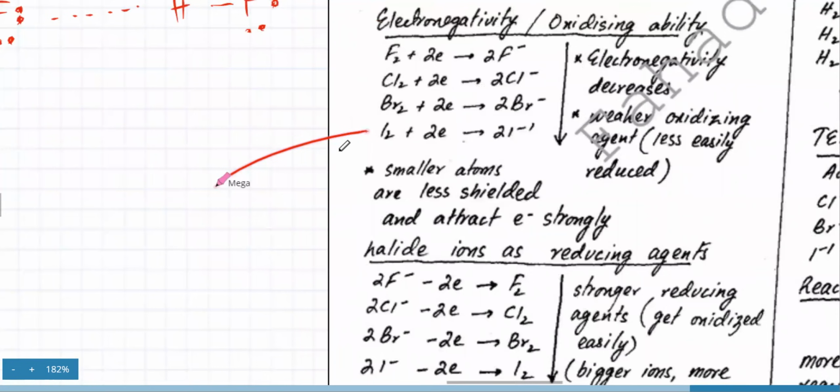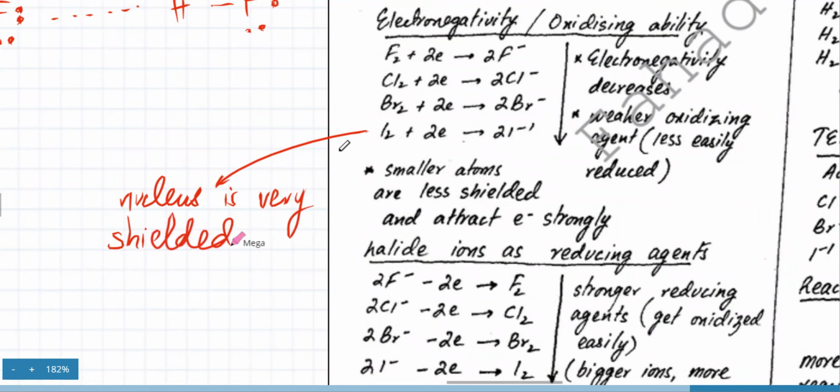It already has 53 electrons, and the nucleus is surrounded by electrons. It doesn't really like to gain electrons. Fluorine, on the other hand, a smaller atom, likes to gain electrons very strongly. Hence, fluorine is very electronegative, and the one who gains electrons is getting reduced. And the one who's getting reduced is basically acting as an oxidizing agent.